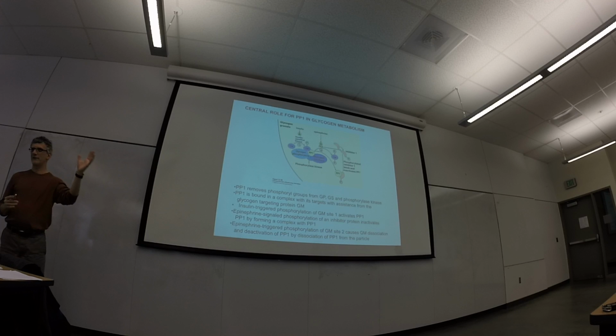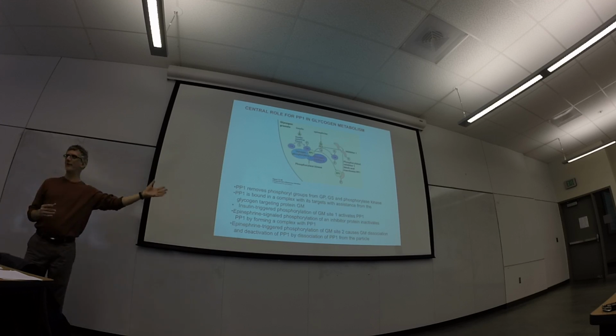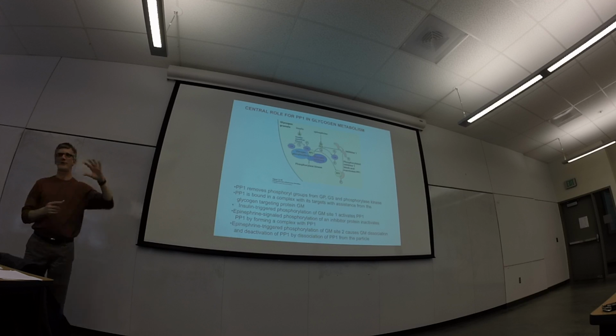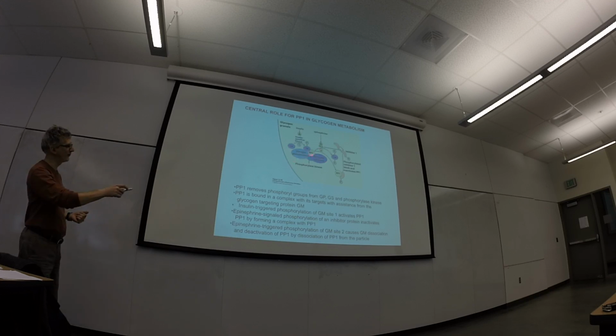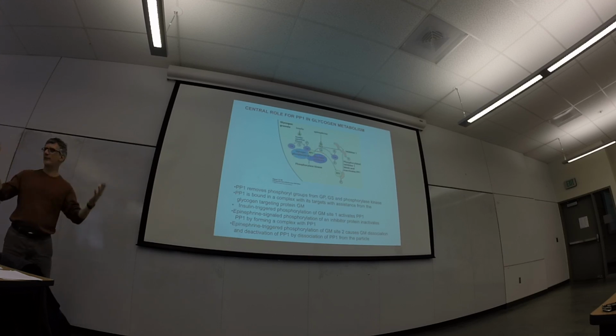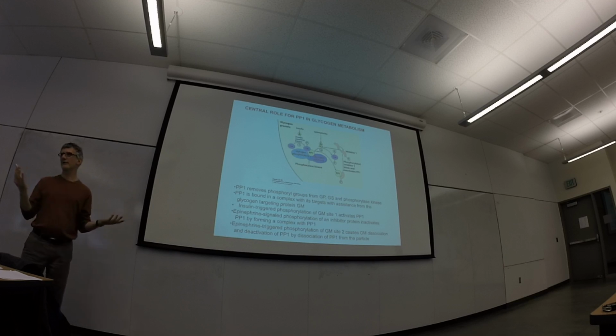It didn't have to come out exactly the way it is, but if GP is phosphorylated, it's active. That means that GS, if it's phosphorylated, cannot be active, because it's in the same particle and they're both being operated on by this enzyme. If this enzyme did both at the same time, you'd basically be activating both. It would be like a futile cycle in the context of glycogen. So that would not be good.